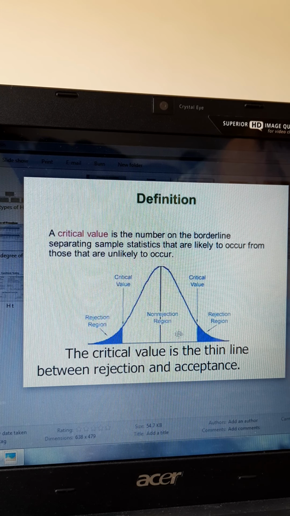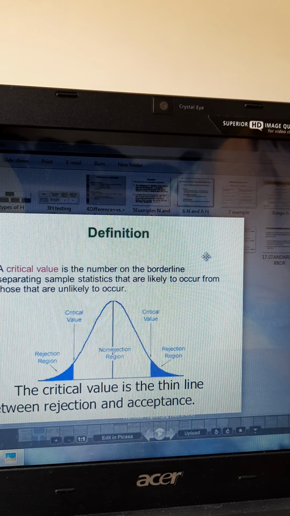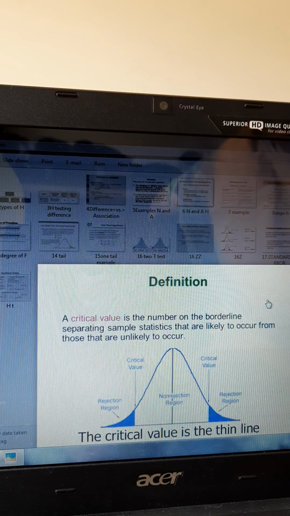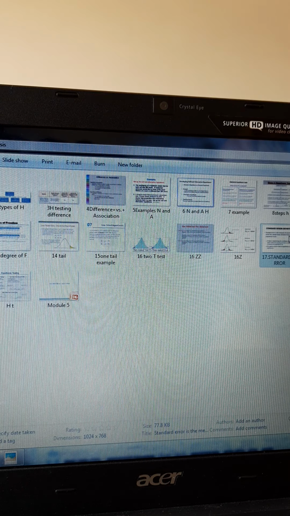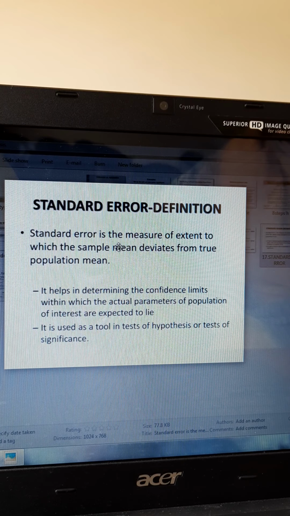To what extent it is going, that is your standard deviation, right? It is a measure of extent to which the sample mean deviates from the true population mean.